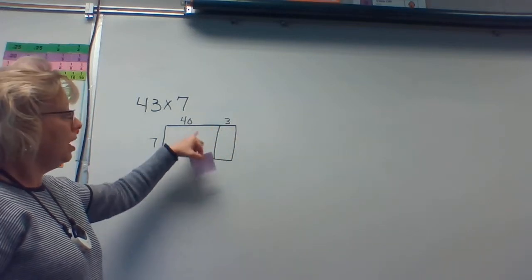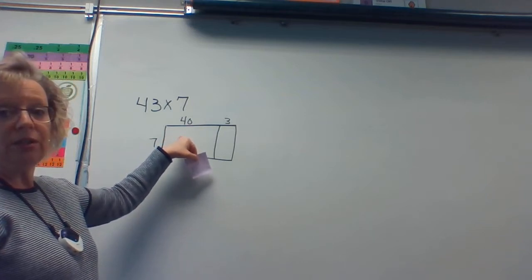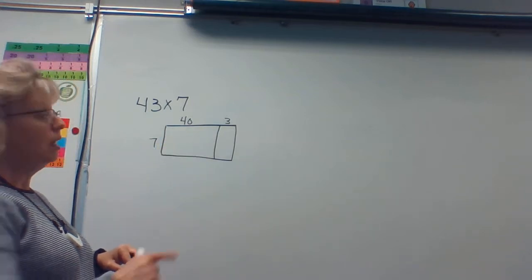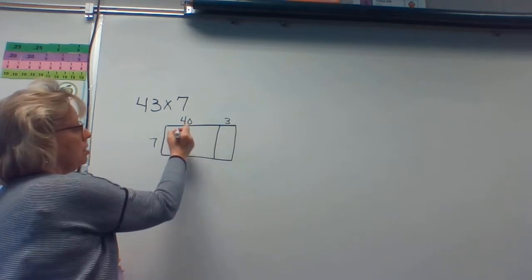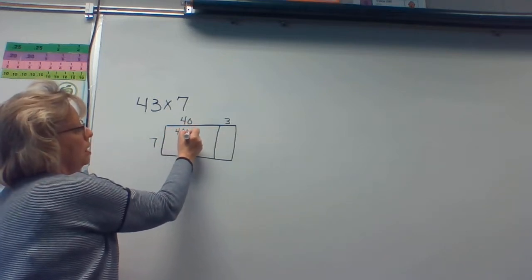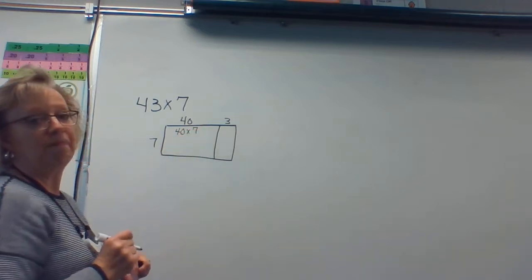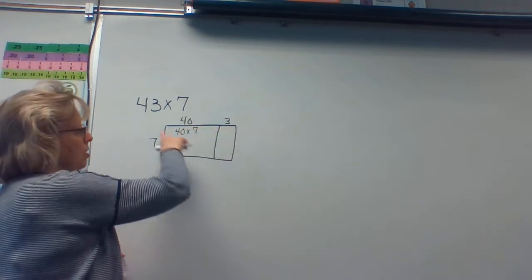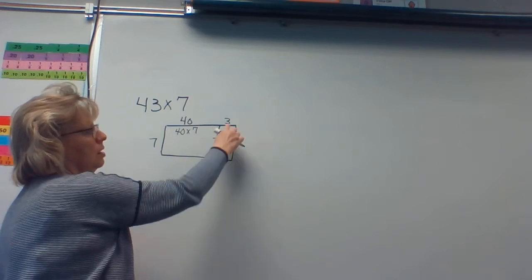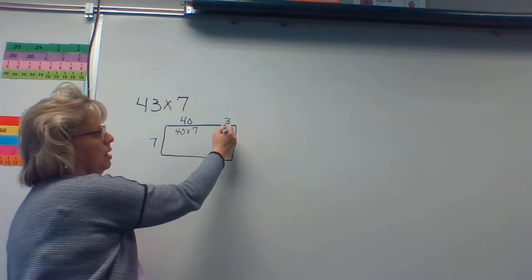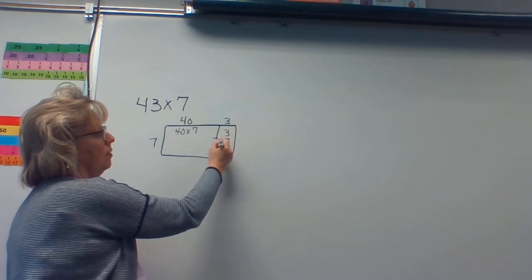So I know this area for my equation, you can do this with me, is I want to multiply this number times this number. So let's write that in the box. 40 times 7. This line, because it's the same as this line, is I'm multiplying times 7. So this box is going to be 3 times 7.